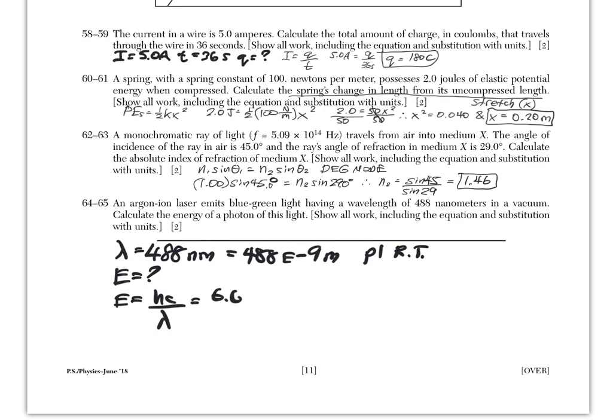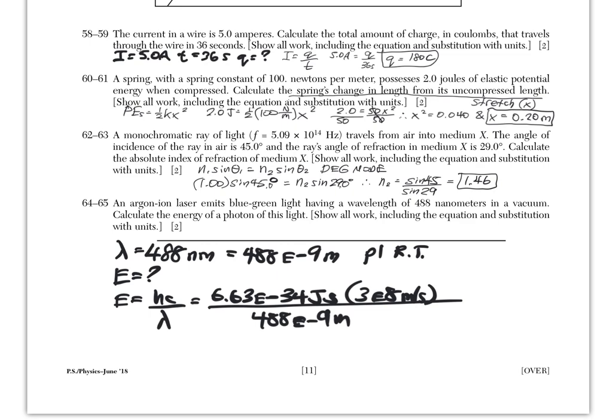We have 6.63 times 10 to the negative 34 joule seconds, multiplied by the speed of light, and we divide by that 488 times 10 to the negative 9 meters, and we wind up with an energy of 4.08 times 10 to the negative 19 joules, and that is our final answer.